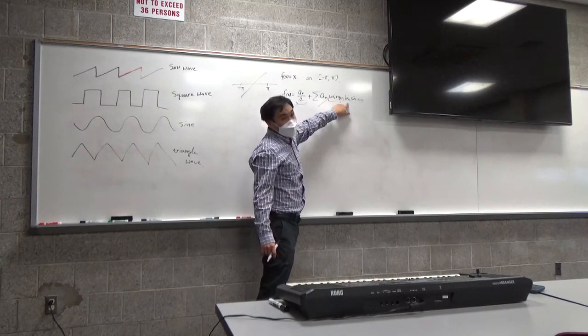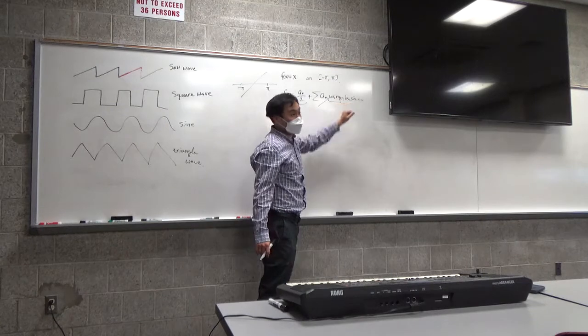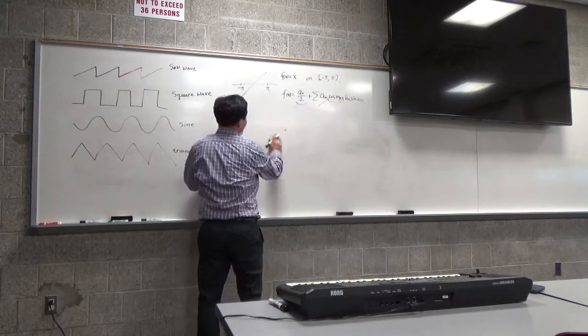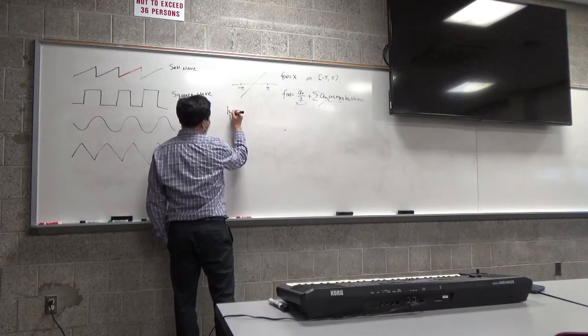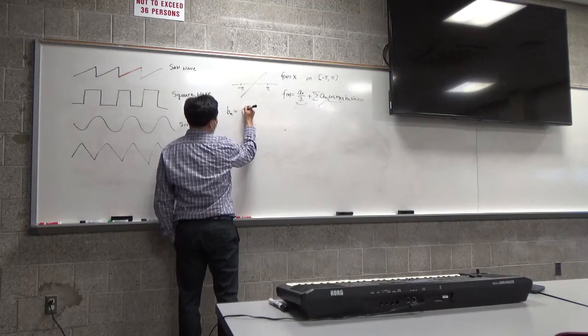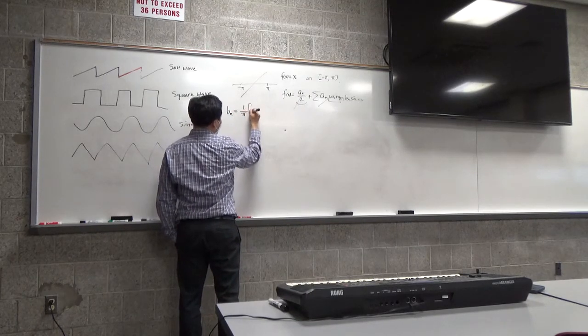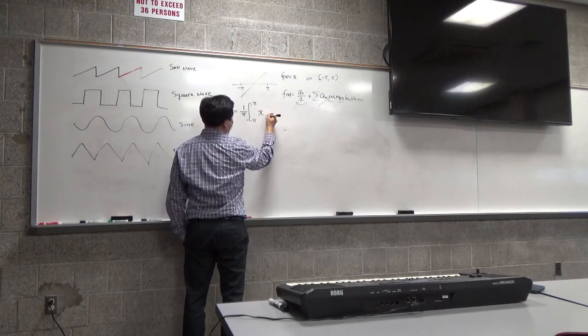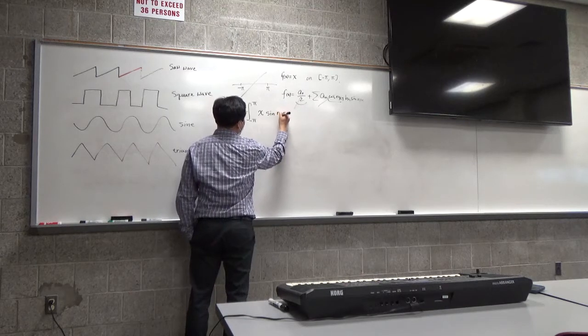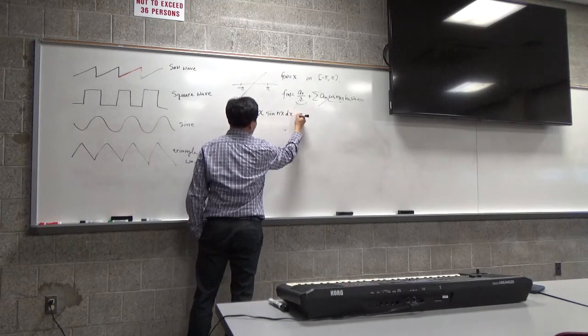So the only thing that you have to compute is bn. And that makes our life really easy, because instead of having to calculate 3 of them, you just have to calculate bn. So let's calculate bn. bn is 1 over pi, integrate from negative pi to pi of the function x times sine nx dx.